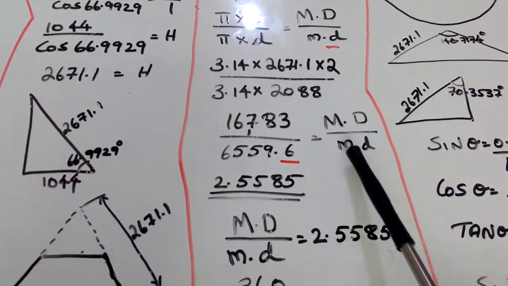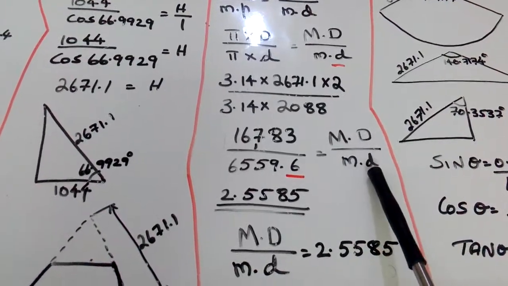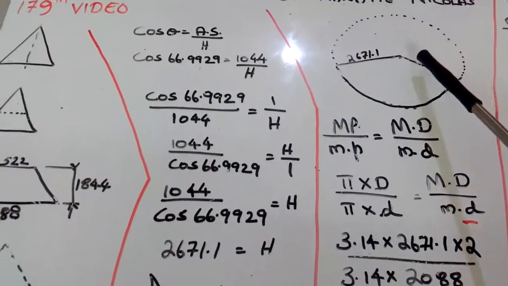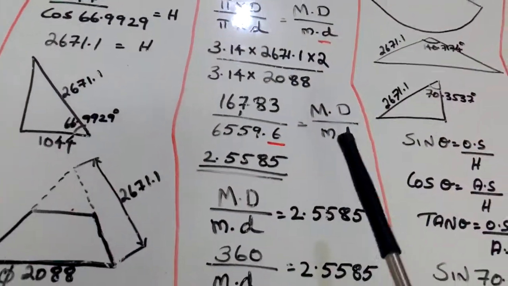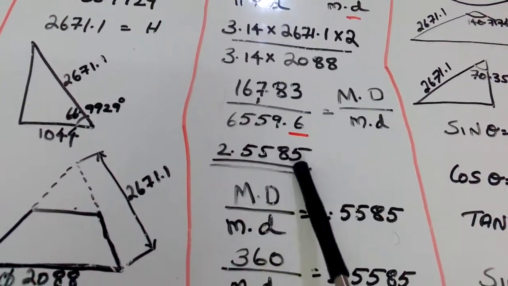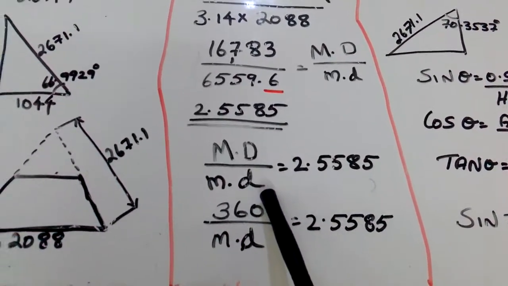So with major degree divided by minor degree, we can find out minor degree. Already we have major degree. Everybody knows major degree, that is the big degree, will be 360 degree. So we can use this formula, major degree divided by minor degree is equal to 2.5585. I have written it here.